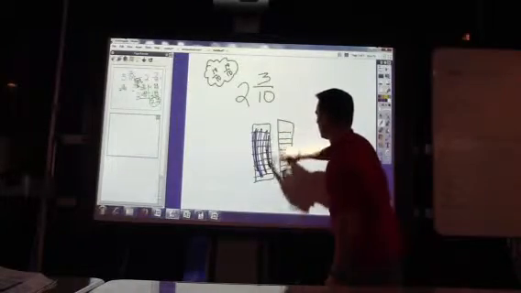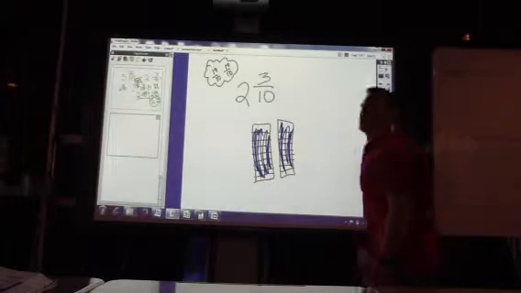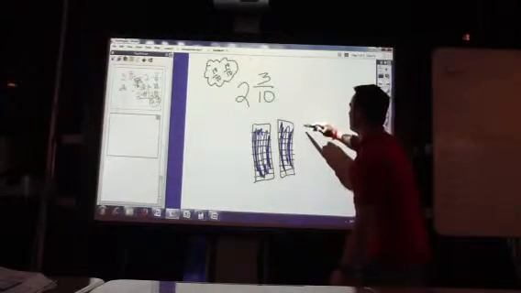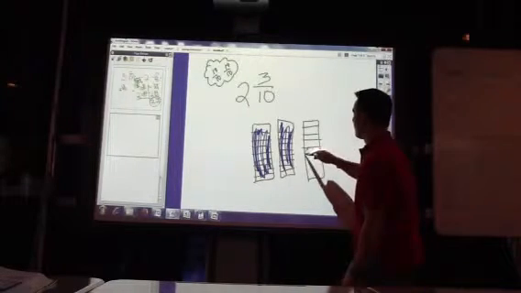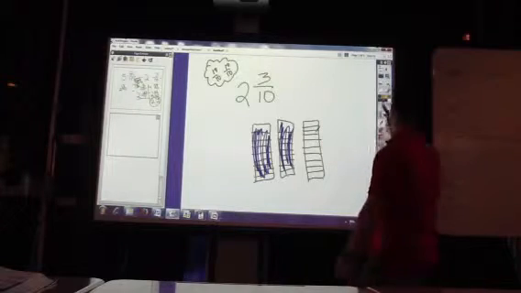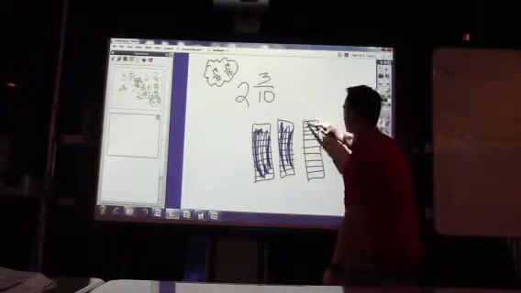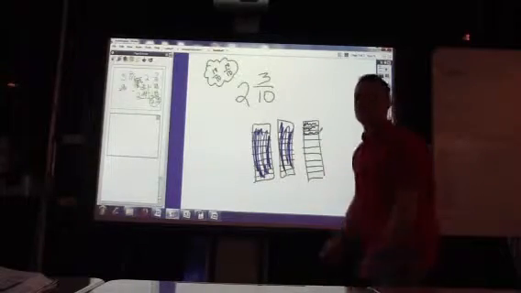All those are colored in. Great. Now, what fraction do I have out of here? I have 3/10. So I'm going to have 1, 2, 3, 4, 5, 6, 7, 8, 9, and 10. And how many are colored out of the 10? That would be 3. So that represents it as a model.